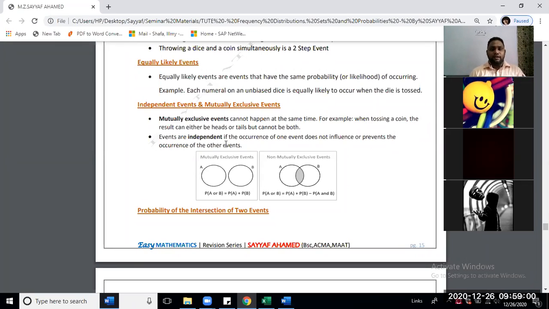Passing your O level and also passing your AAT exam, there's no correlation between them, right? So the independent event is where you have no correlation between the two. And mutually exclusive is where only one happens, the other can't happen.